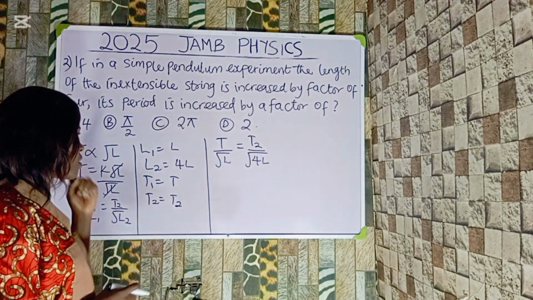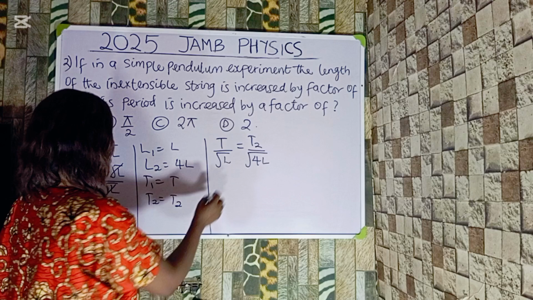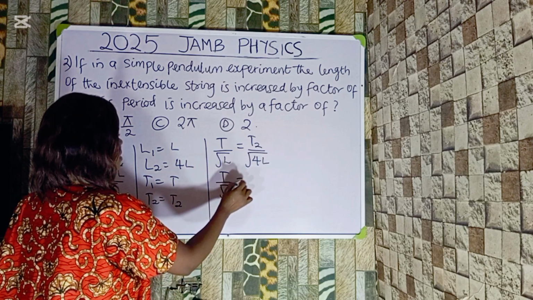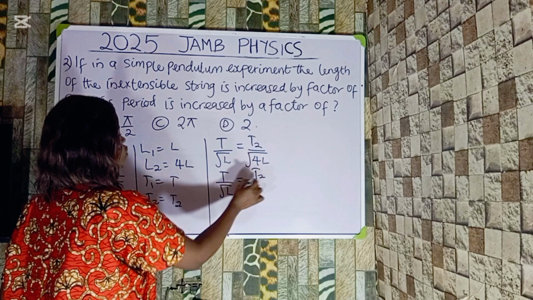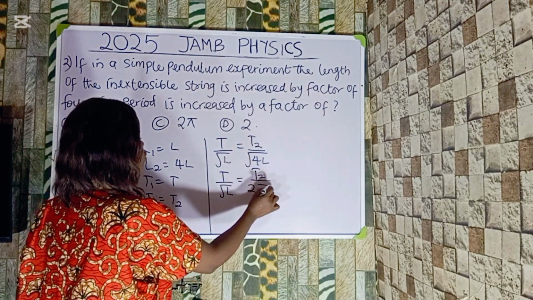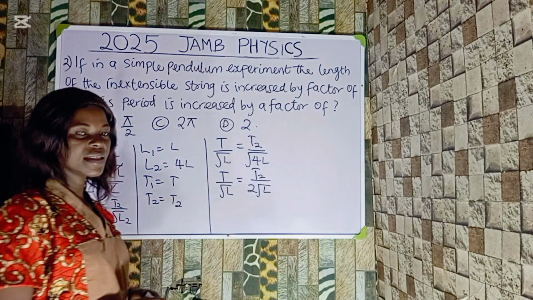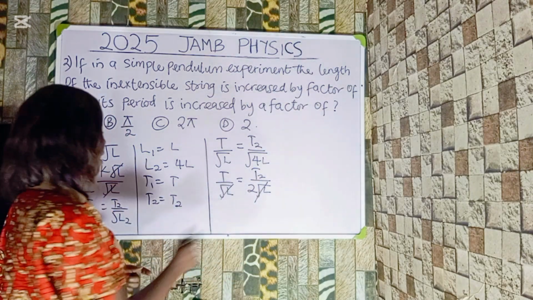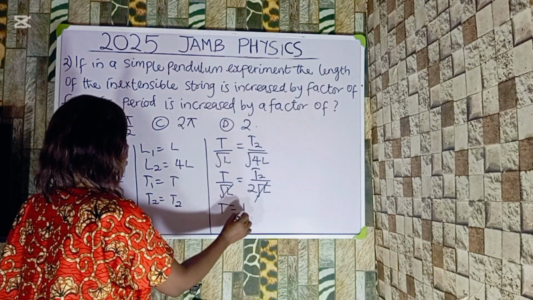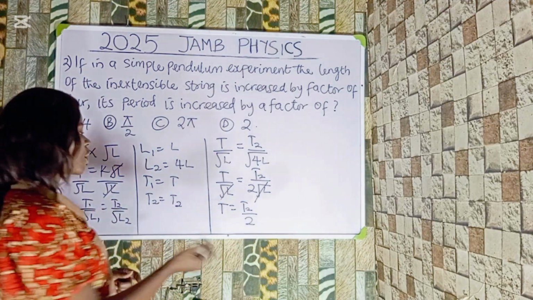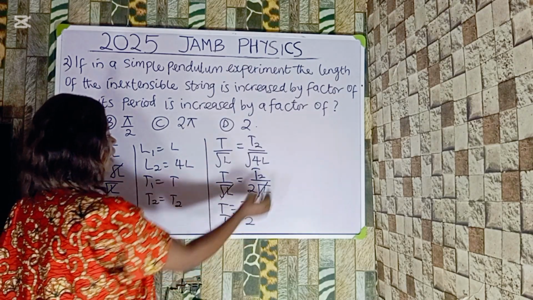Now something is common. 4 is a perfect square, so bring it out: we have 2 root L. Is that clear? Now this root L cancels this root L, so we have T is equal to T2 over 2. And because you're looking for the new period, this is over 1, cross multiply.